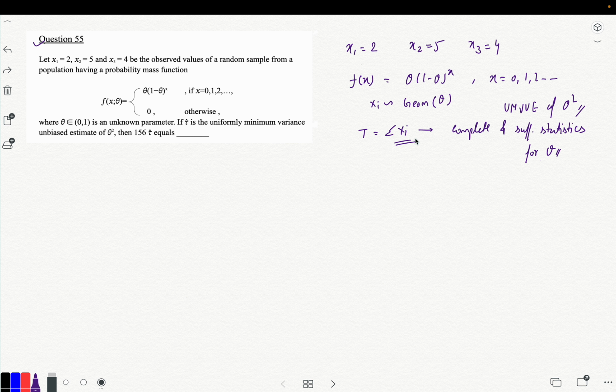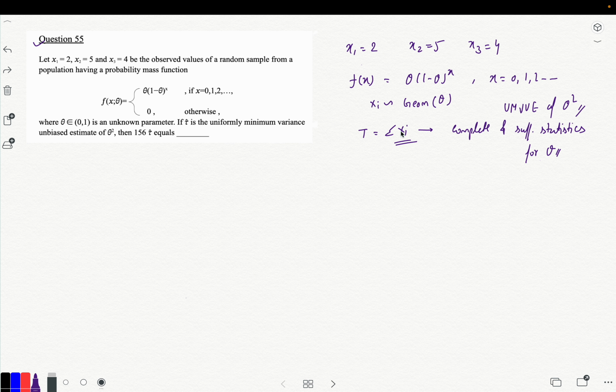For completeness, you can also do the same process for checking whether this is a complete statistics or not. But we don't need to waste our time in the checking portion in the exam. We just directly say that T equals summation xi is my complete and sufficient statistics, because we already know this.